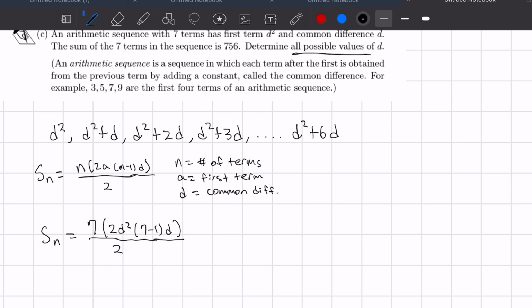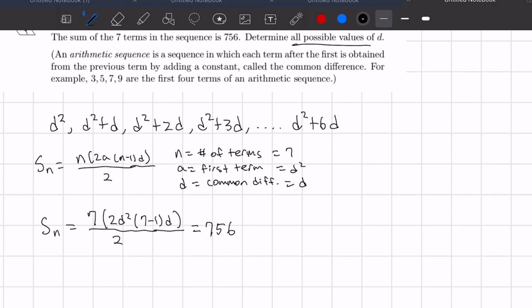This is 7, this is d squared, this is d. So I just plugged in, and this is supposed to equal 756. So now it's just all simplifying and calculating.